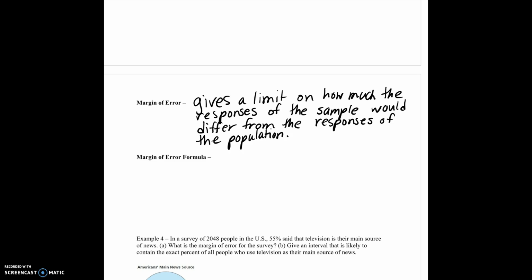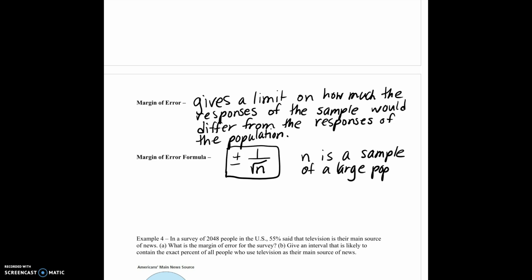The formula we're going to use for margin of error is plus or minus 1 over the square root of n, where n is the size of a sample of a large population. And then if we're looking at a given percent, this is going to end up being a decimal answer.